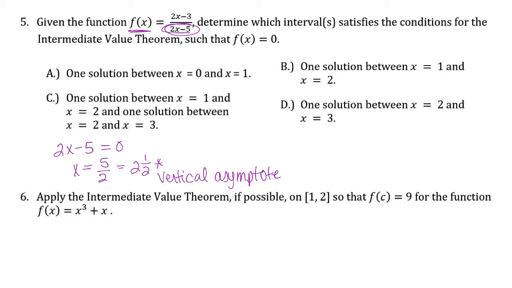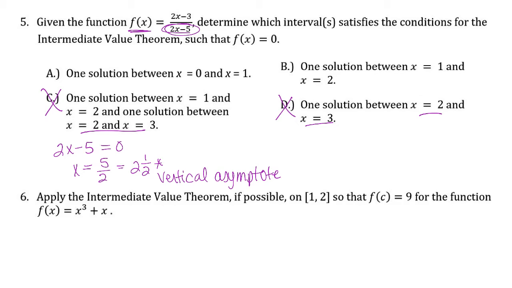So automatically looking at your answer choices, you need to omit the intervals that would contain 2.5. So those intervals that would contain 2.5 would be C, and it would be D. So that gives us a 50-50 shot, and just knowing that we're looking for that interval that we are continuous on. Okay, so now we're left with either A or B.